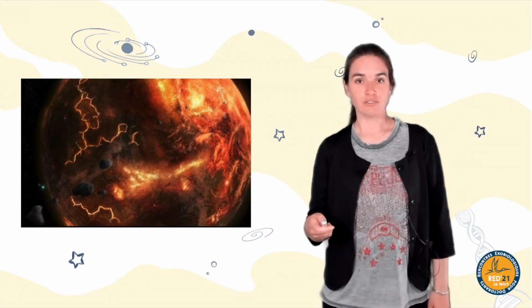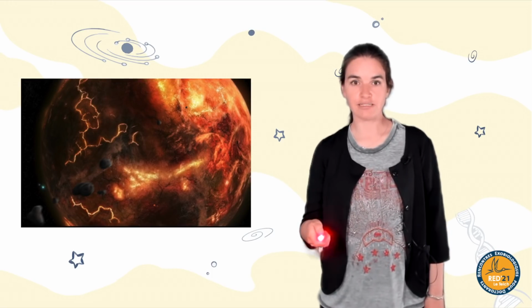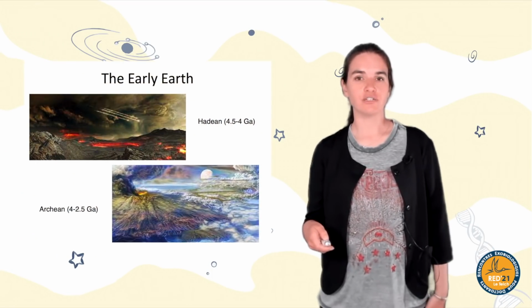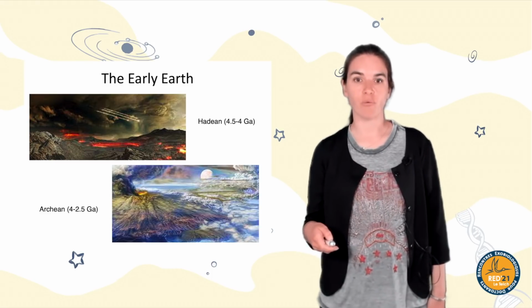But we know that during the early Earth, we are following a step from something that is very inhospitable during the Hadean, the first stage of the Earth's history, that you can also see on this artistic view on the top picture, with a molten lava lake, a lot of meteorites, and a very dusty atmosphere, so a very non-hospitable world.